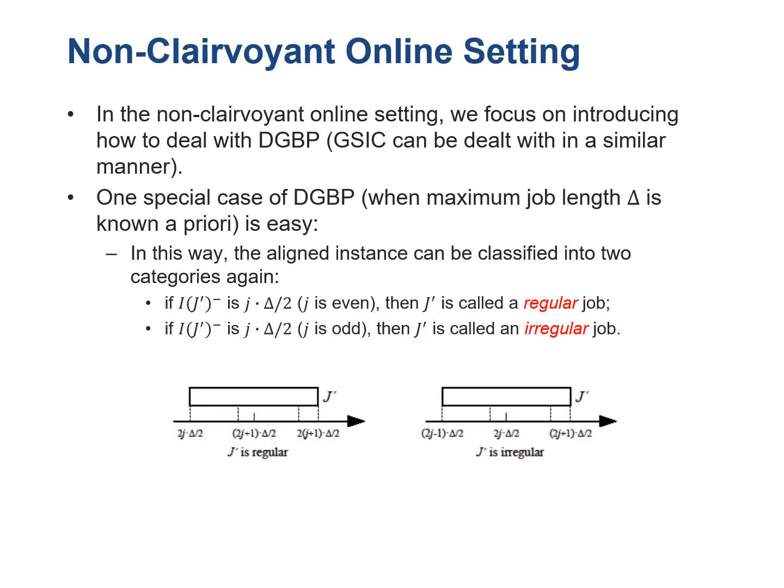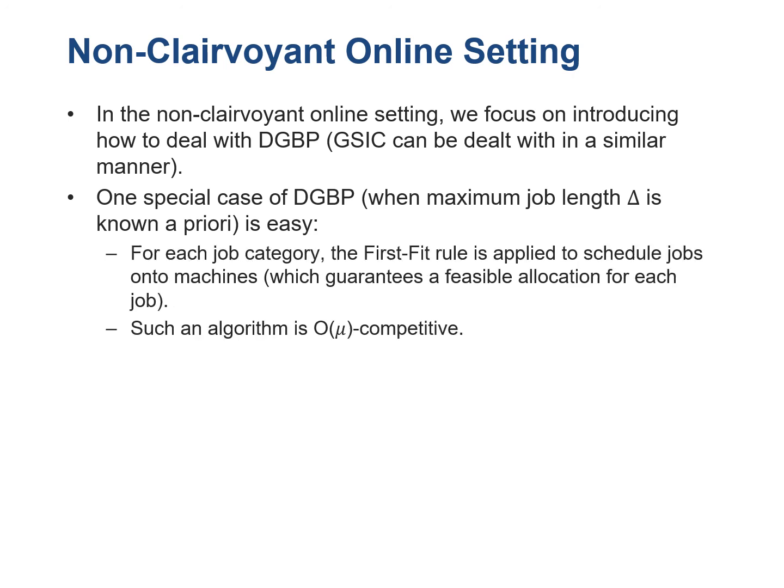Again, we can make sure the aligned jobs are either regular or irregular. And for each category, we can apply the first fit rule to schedule the jobs onto the machines, which guarantees that an all-meal competitive feasible solution is produced.